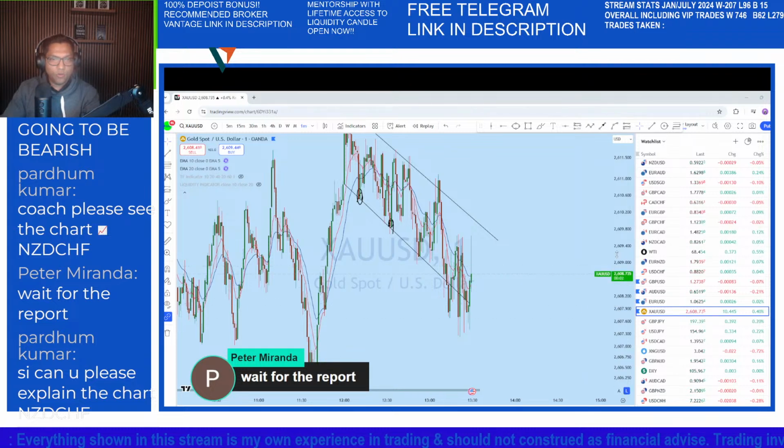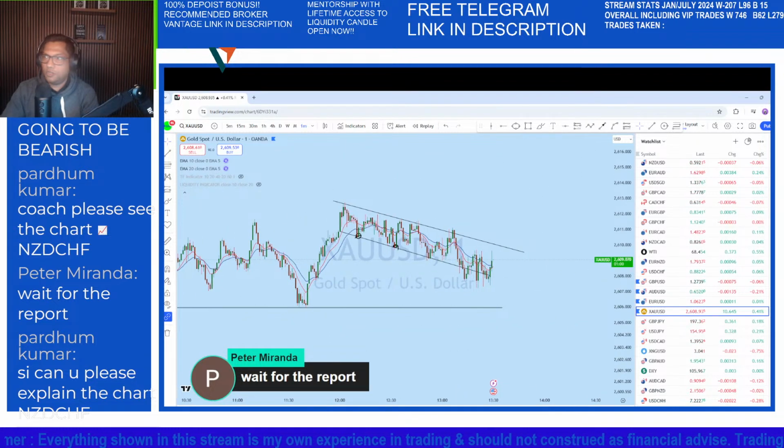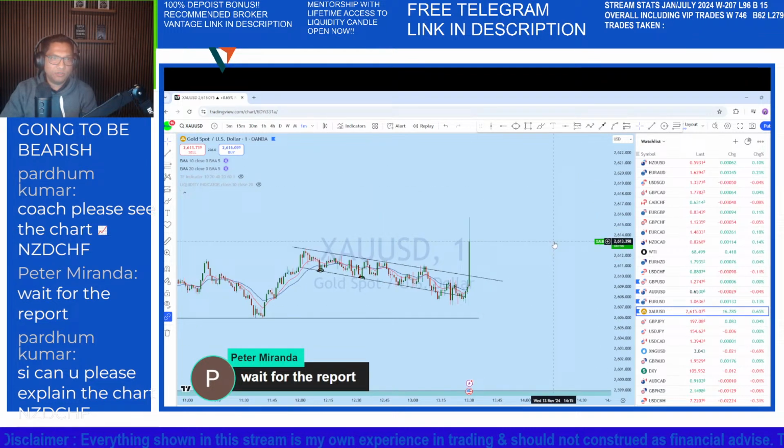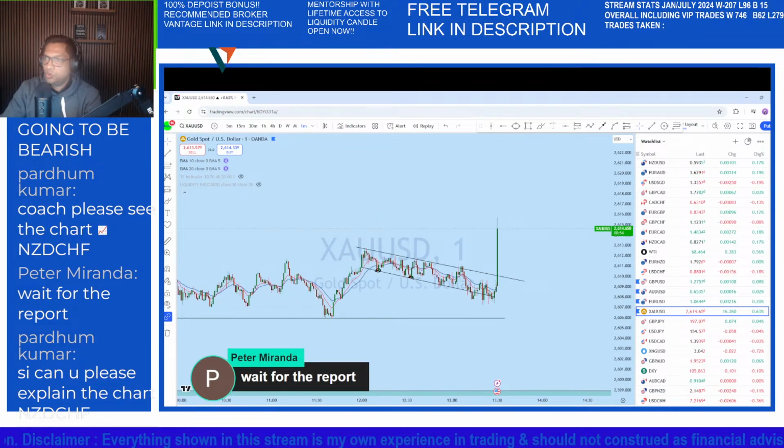Let's wait for 1 more minute for the data to come up. Boom, that's a spike to the upside. So what has come out here, we can see core CPI 0.3%, forecast 0.3%.